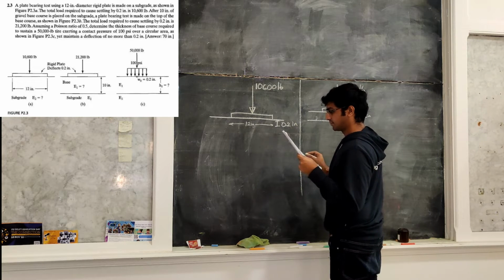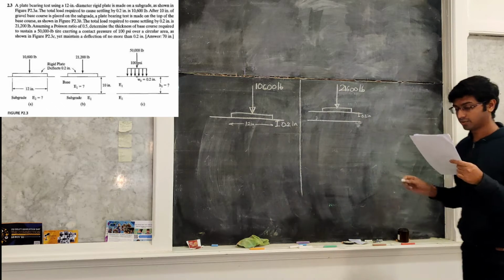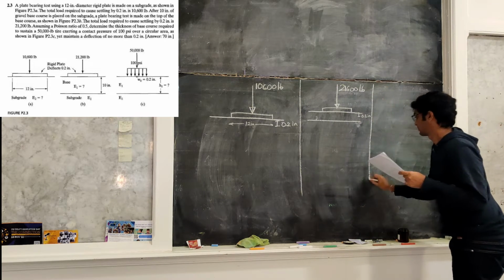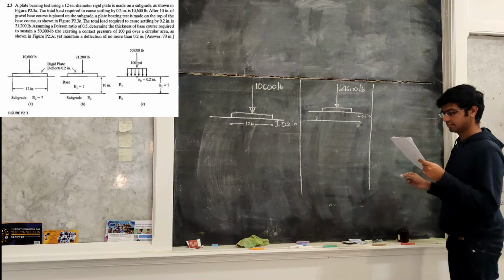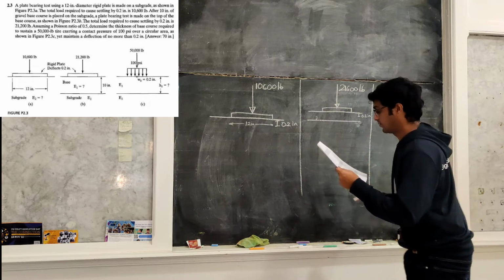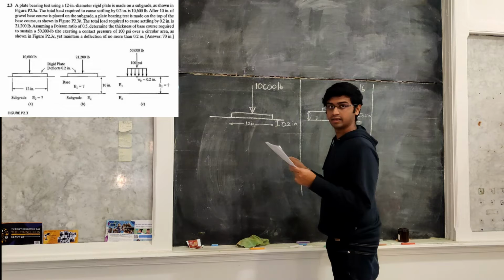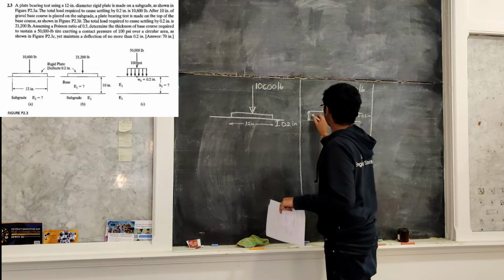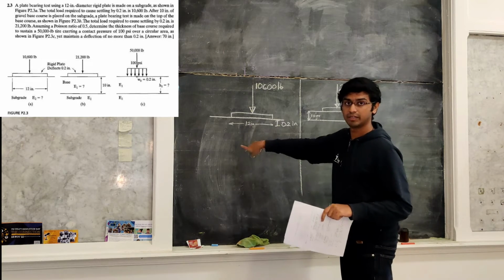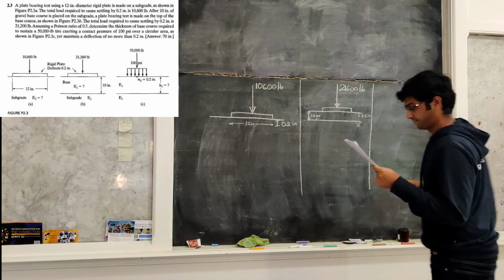This is the second scenario. For the second scenario they had already given the thickness of the base material, which is 10 inch. But we don't know the material properties of the subgrade, and we don't know the material properties of the base.